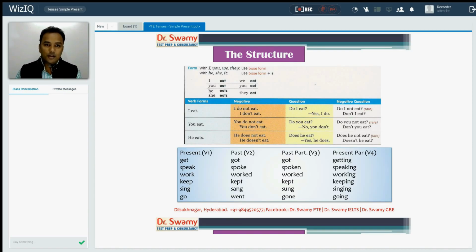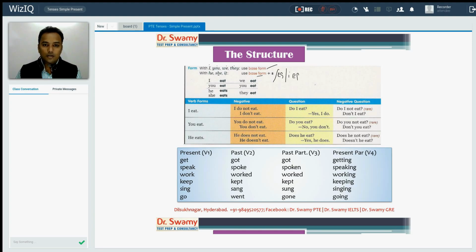For instance, if you're using the subject I, you, we, they, then you will use only the base form. But if you use the subjects he, she, and it, then you need to use the base form plus s or es or ies. Sometimes it could be ies also.